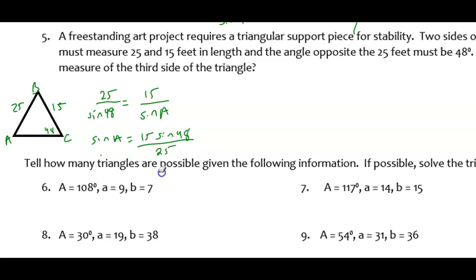And then we'll have to inverse this because we can't take the sine of A. So we have to take the sine inverse of this. So you end up with A equal to the sine inverse of 15 sine of 48 all over 25. And when you punch that in, you get 26 degrees.